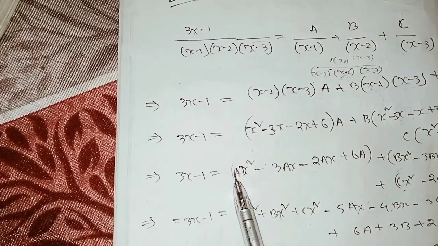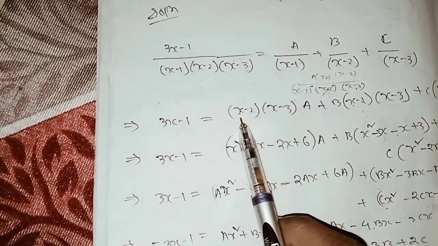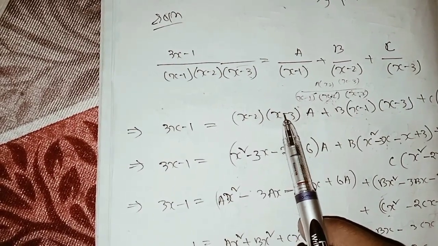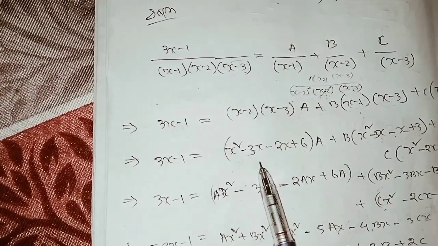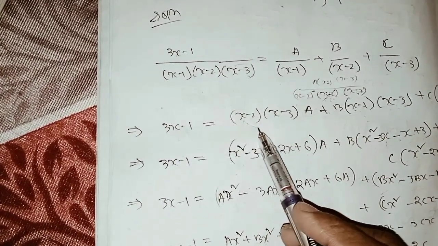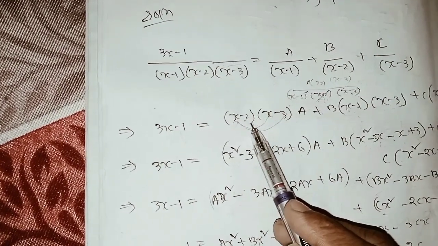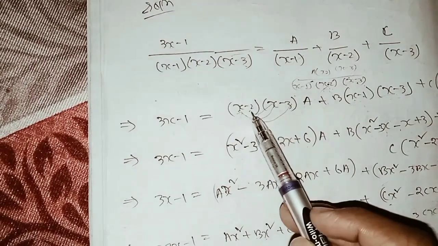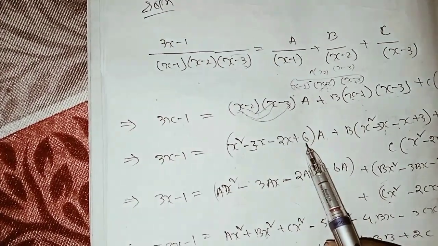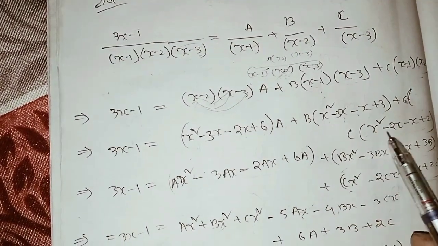So x minus 1 times x minus 2 gives x square, and x multiplied with minus 2 gives minus twice x, and minus times minus gives plus, and 2 times 3 is 6. Okay, b is as it is.